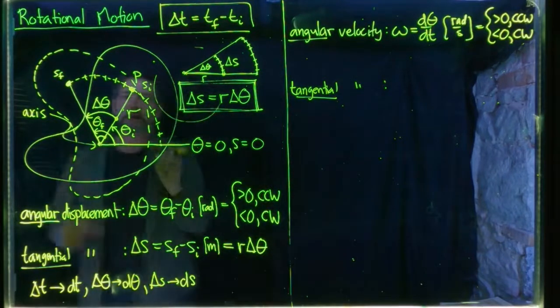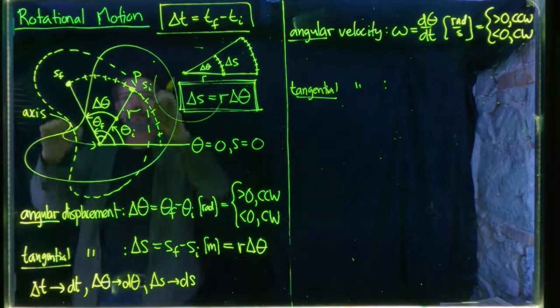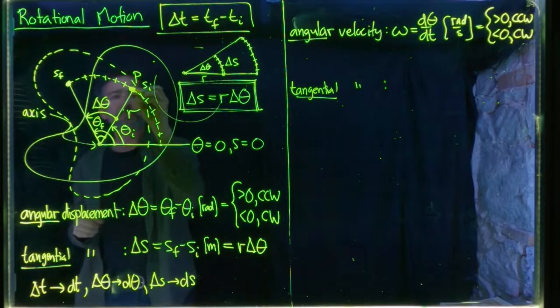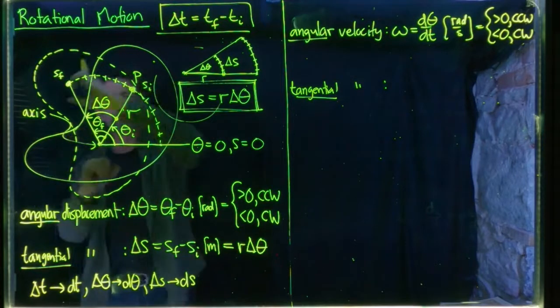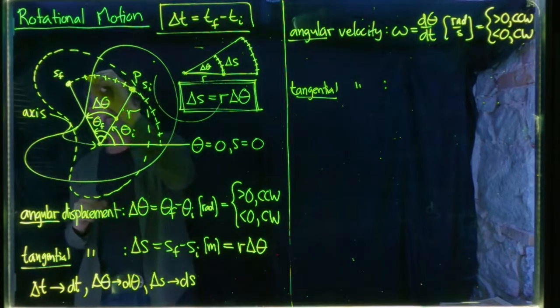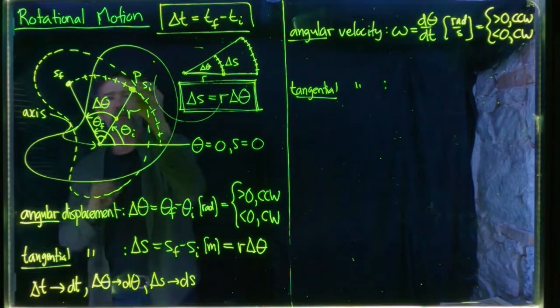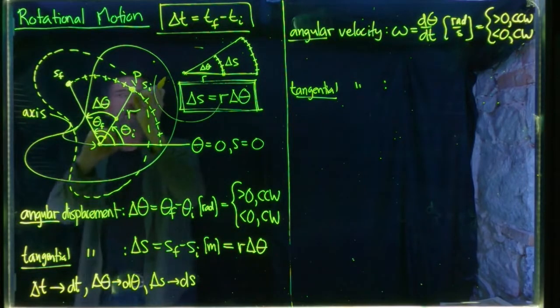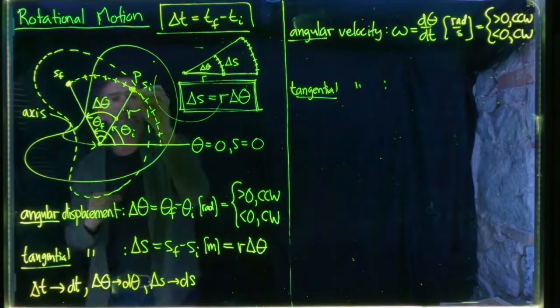As this object is rotating around with a certain angular velocity, so many radians per second, this point P, located at a radial distance r from the axis of rotation, will be physically moving a certain number of meters per second. So if it takes 1 second to go from there to there, it's 1, 2, 3, 4, 5, 6 meters per second, the tangential velocity of that point P.